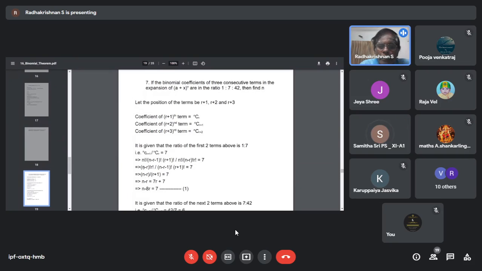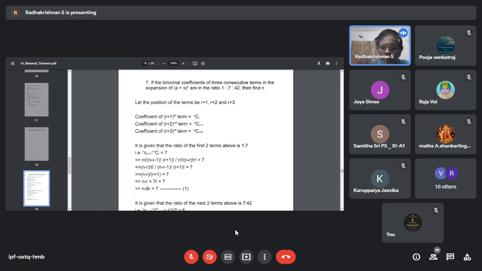Now we have to take n minus r factorial and n minus r minus 1 factorial. n minus r minus 1 factorial is the product of all numbers up to n minus r minus 1. n minus r factorial is just one more term, n minus r. It is also a product of all the numbers up to n minus r minus 1, again into n minus r, because it goes up to n minus r.